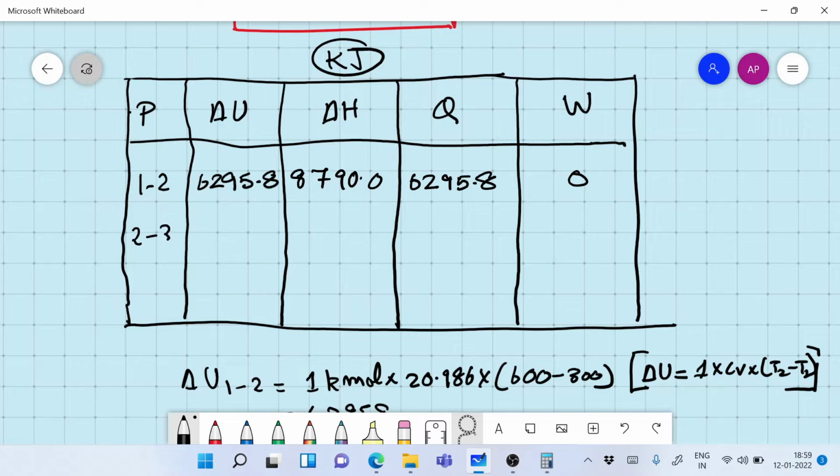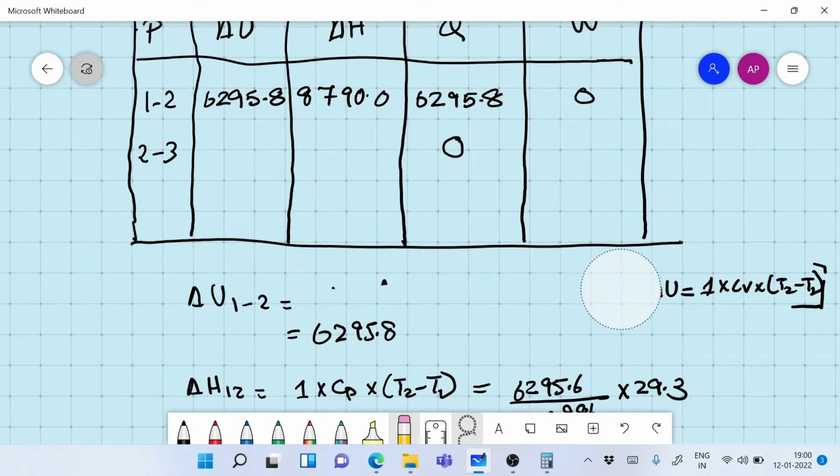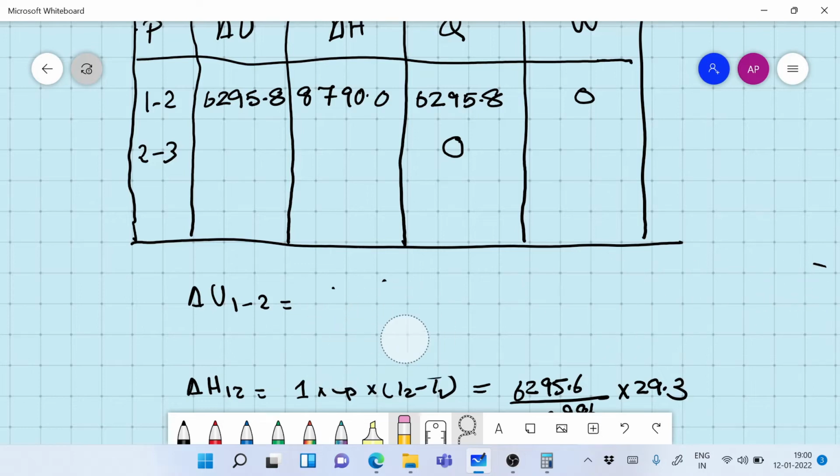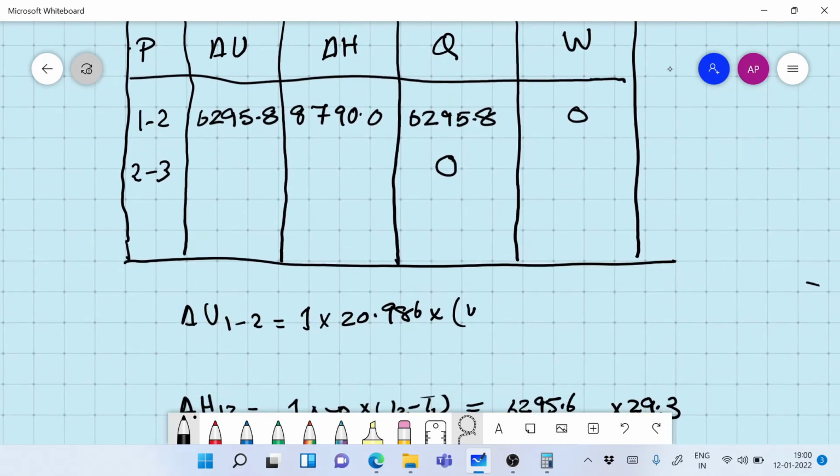Now process 2-3. Since it's an adiabatic process, the heat is going to be 0 and the delta U is going to be equal to 1 into 20.986 into the final temperature, that is 492.3 minus 600.